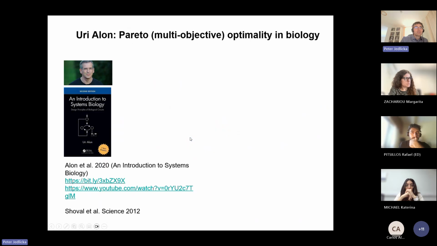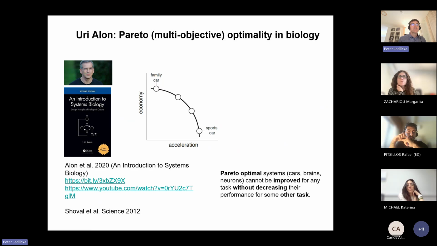Okay, so we are not the first ones to use this. I think one of the first scientists who applied this in biology was Uri Alon. He has a very nice online lecture, but also an online chapter from a great book, where he explains Pareto optimality in biology. He uses very simple examples.